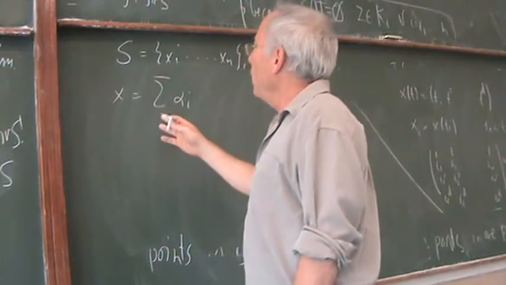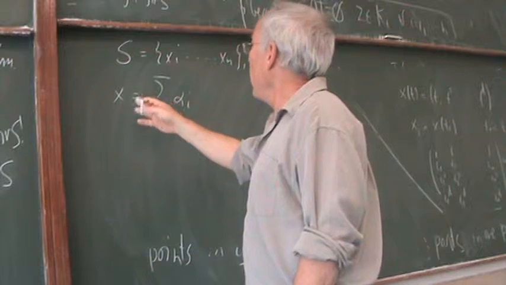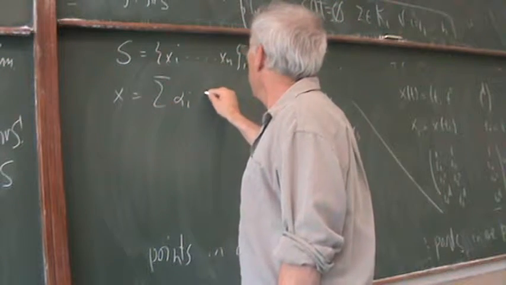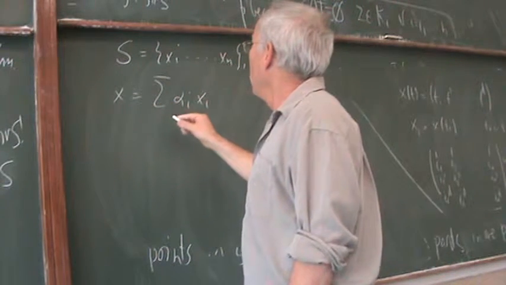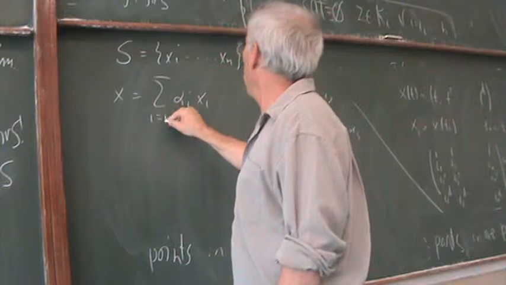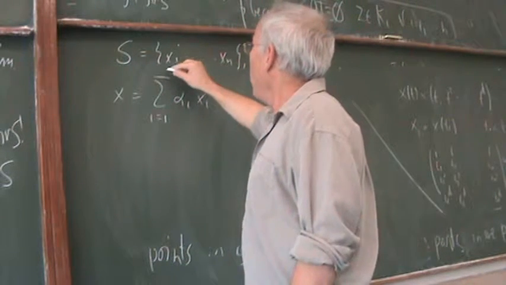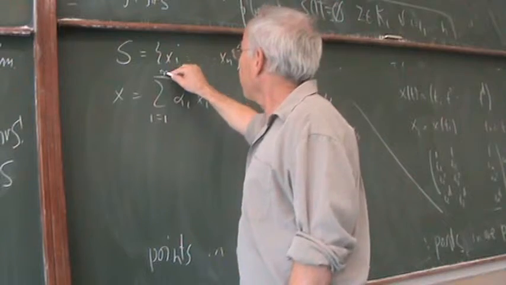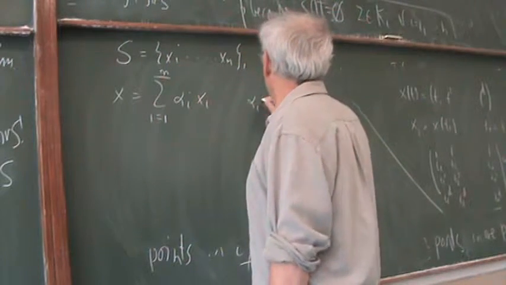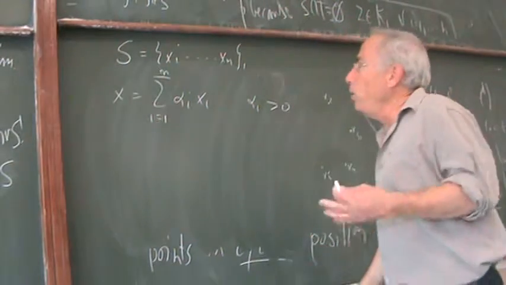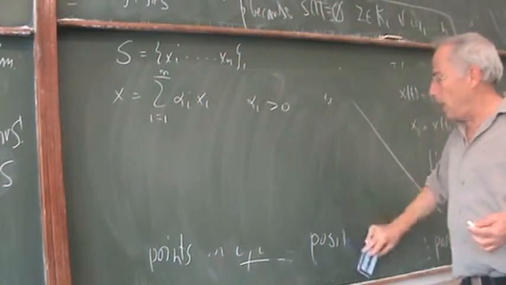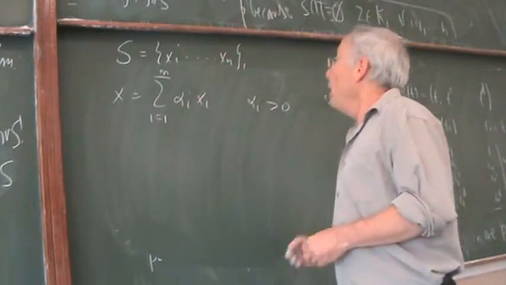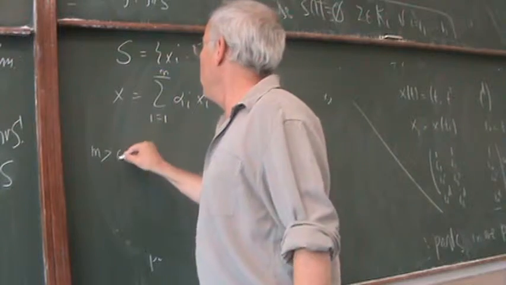Now let's say that x is equal to the sum of alpha i xi, i from 1 up to m, and all the alpha i are positive. Let's say that we have a point which is in the convex hull of m points, and let's say that m is bigger than d plus 1.